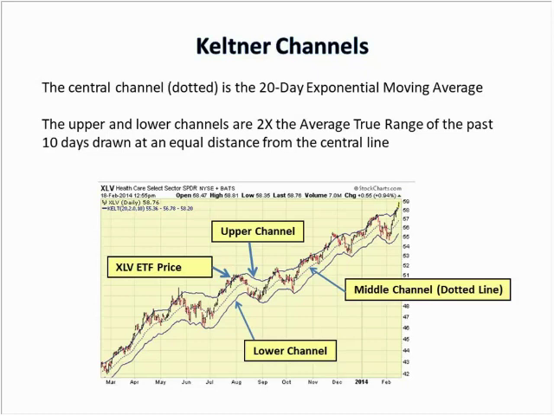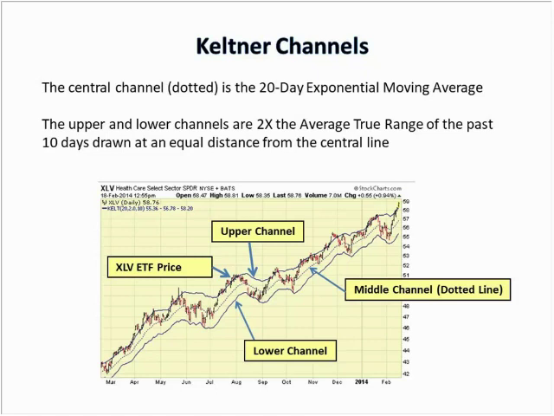So what we try to do is, the number 1 rule is we don't buy when the ETF is trading above this upper channel because it's getting overbought and there's a good chance that it's going to sell off. So we don't want to buy when the ETF is trading near this upper channel. We want to wait for a pullback when it's trading near the middle channel or the lower channel.